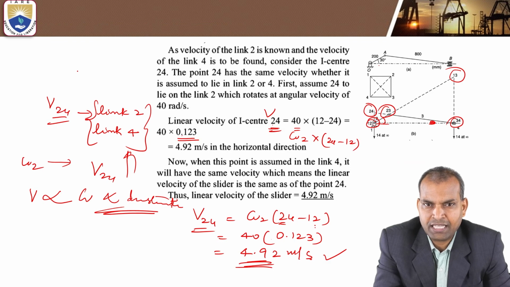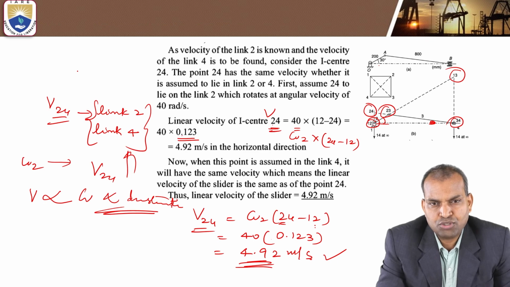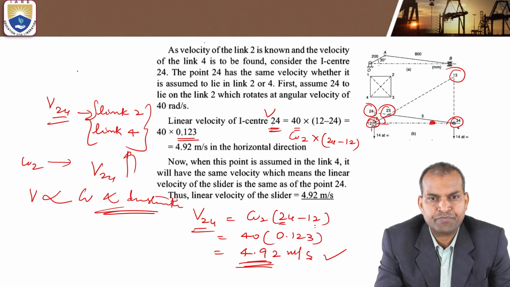We also saw how to locate the I centers using Kennedy's theorem, and solved the problem of a slider crank mechanism, finding the linear velocities for the given data by using this I center method.